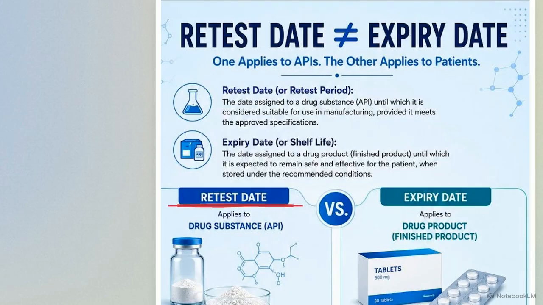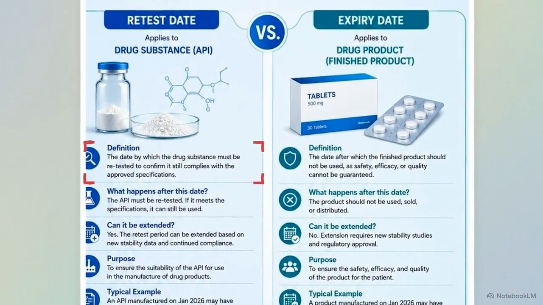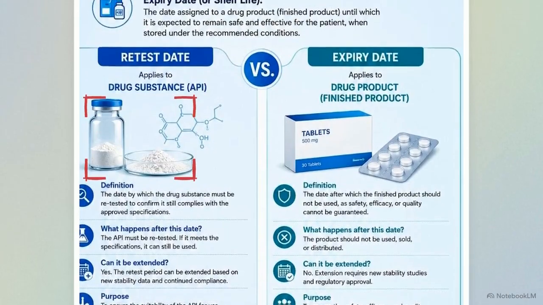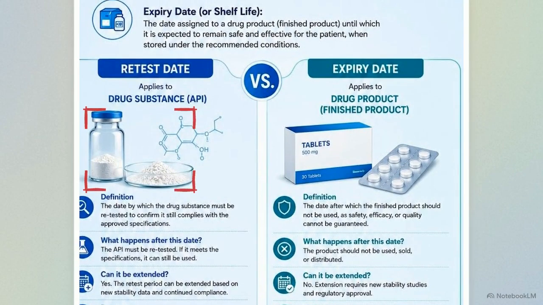Let's focus on the left side of this graphic, starting with the retest date. By definition, this is the specific timeframe up to which a material must be re-examined to confirm it still meets approved specifications. Notice the graphic of the powder and vial. This date strictly governs active pharmaceutical ingredients, bulk drug substances, and manufacturing intermediates.